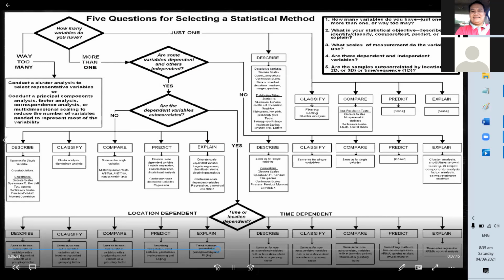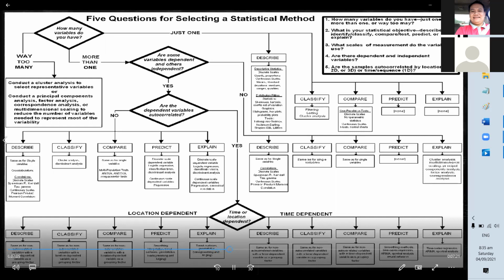So first, we need to answer how many variables do we have. Let's say more than one. Are some variables dependent and others independent? Let's say yes. Are the dependent variables autocorrelated? For example, it's not.